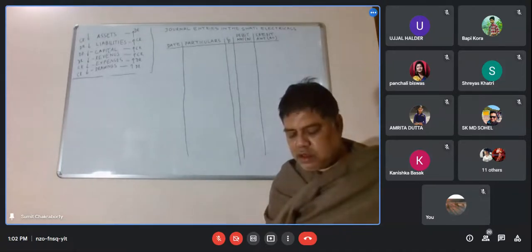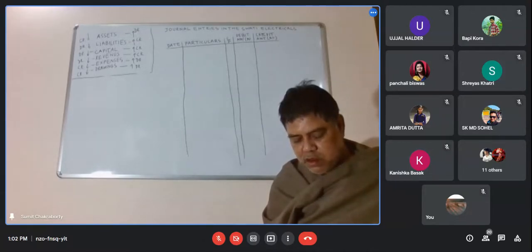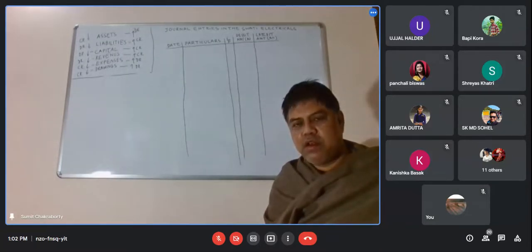For 2 it is 10/1/22, for 3 it is 18/1/22, for transaction number 4 it is 25/1/22, and for 5 it is 31st January 22.